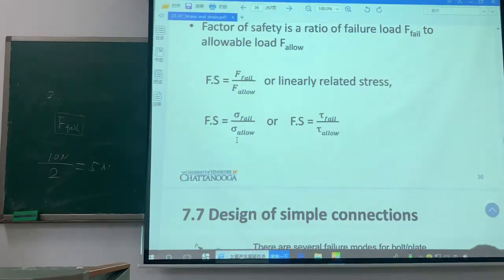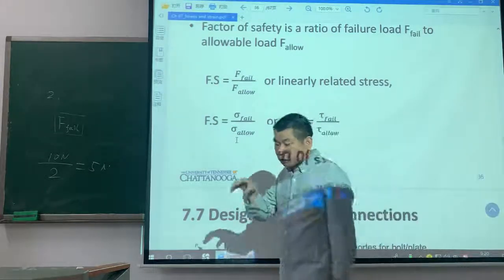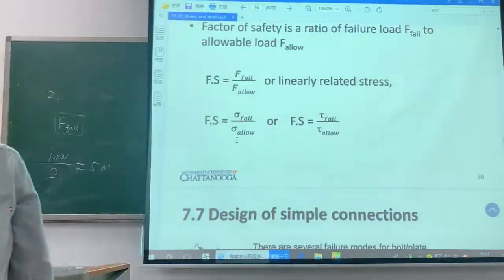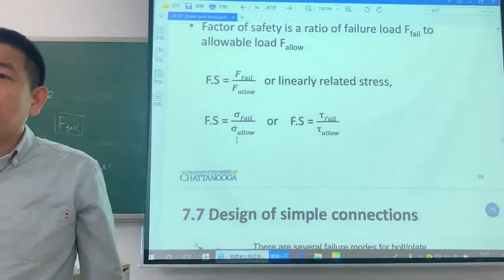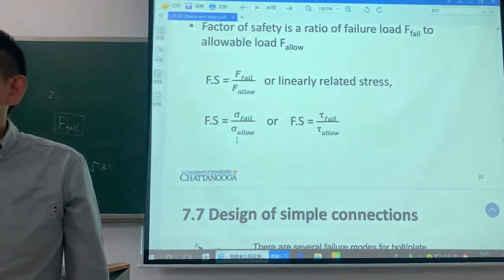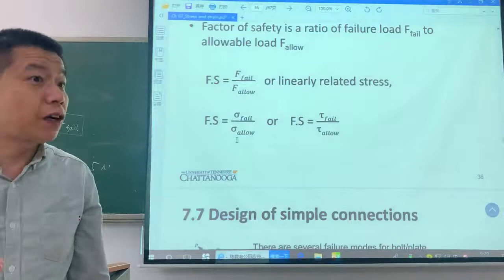How to determine the factor of safety is an important problem. It is determined by experience. It is determined by a lot of engineers, a lot of professors.